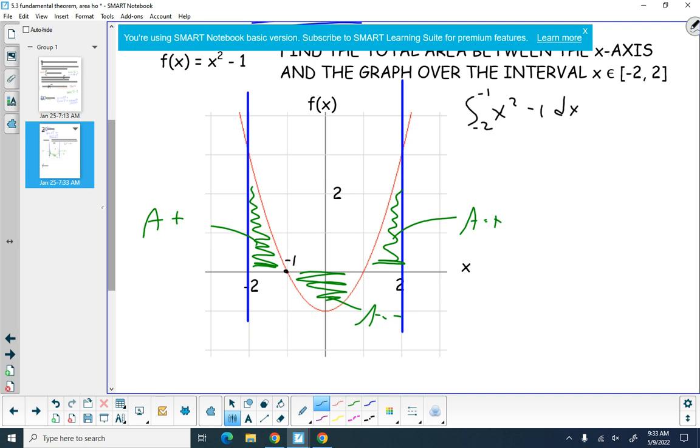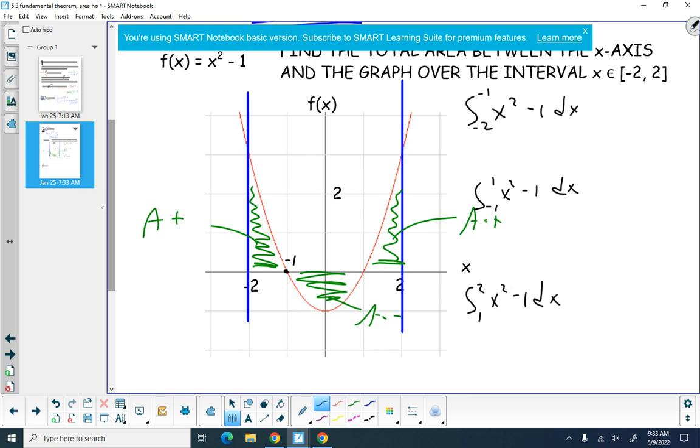Then we have our second integral, the integral from -1 to 1 of x squared minus 1. And don't forget your differential dx, this is going to give you a negative area, so we'll take the absolute value of that. And then our third integral is from 1 to 2 of x squared minus 1 dx.